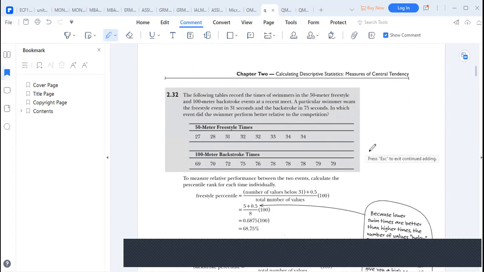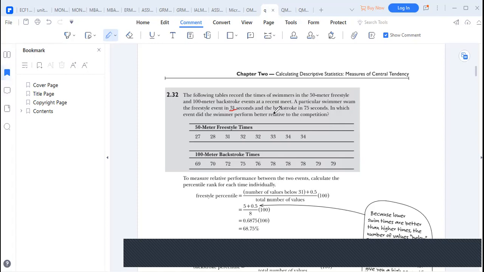So this question is very cardinal. We'll look at the exam question which came because most of the questions come from here. So here we are also told that we have a record of swimmers in a 50-meter and 100-meter backstroke event. So we are told that a particular swimmer swam freestyle in an event with 31 seconds, and backstroke 75.